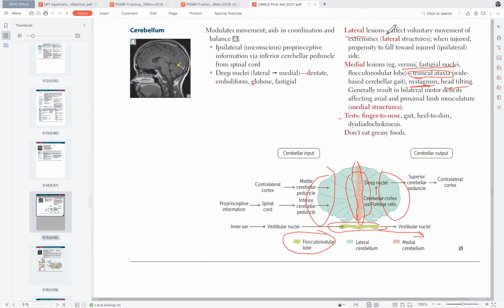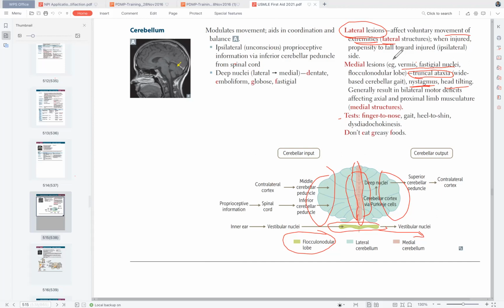So the lateral lesions affect the voluntary movement of the extremities, right? When I was doing step 1, I would just imagine myself lying on top of the cerebellum and spread my arms wide. So my arms go to the lateral nuclei, and my trunk is lying on the vermis. Anything that affects the vermis causes truncal ataxia.